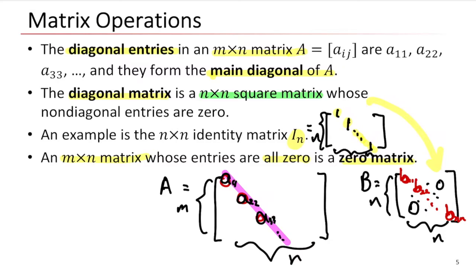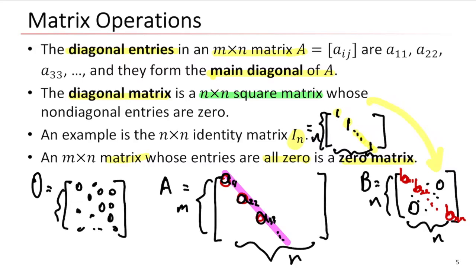So the zero matrix is the matrix consisting of all zeros with the size n by n. This is an example of the zero matrix, right?